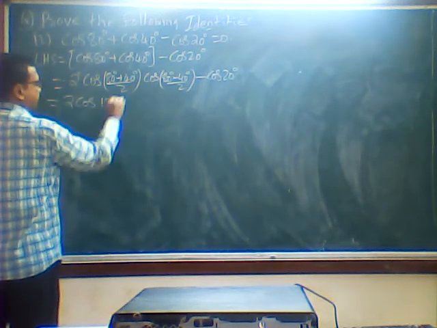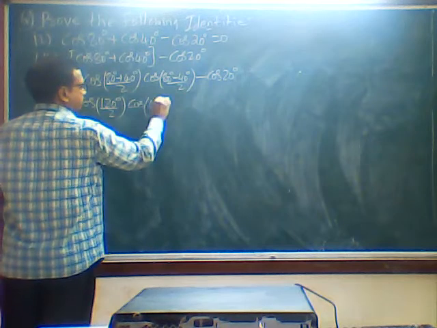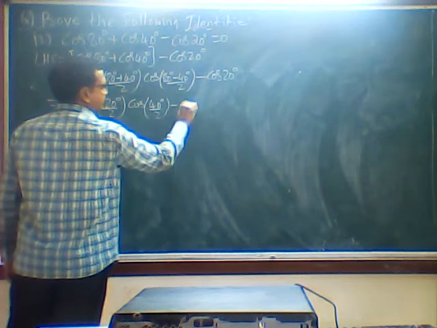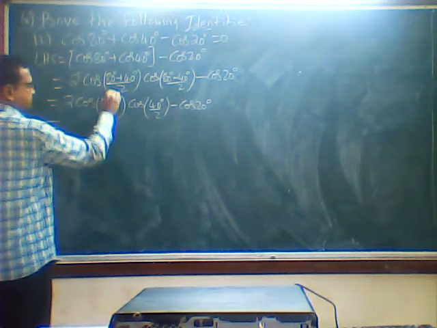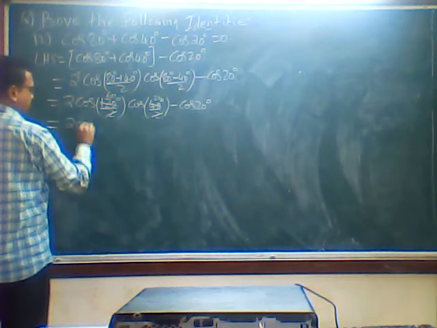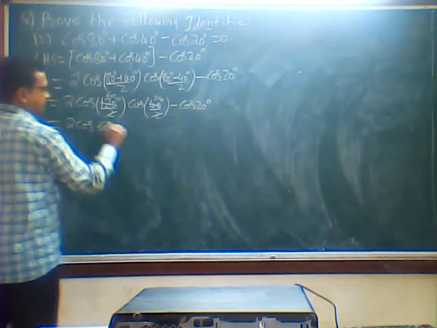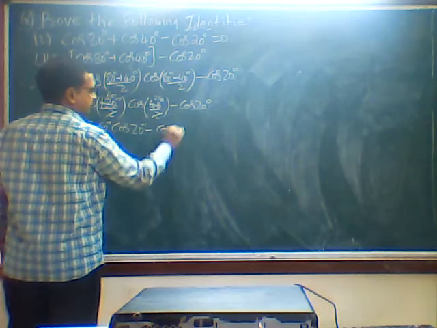That is cos 120 degree by 2 into cos 40 degree by 2, minus cos 20 degree. So I get here what? 2 cos 60 degree into cos 20 degree minus cos 20 degree.